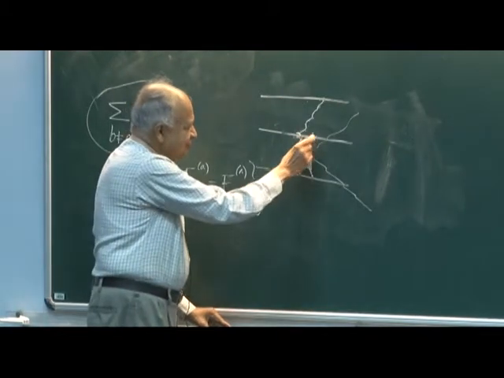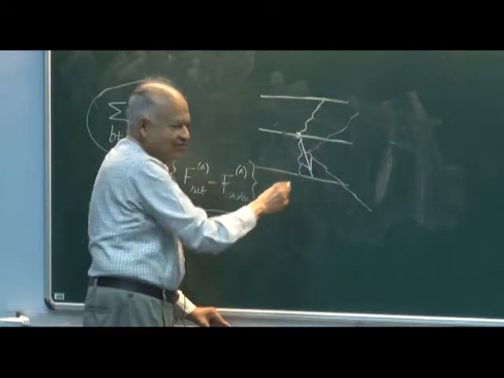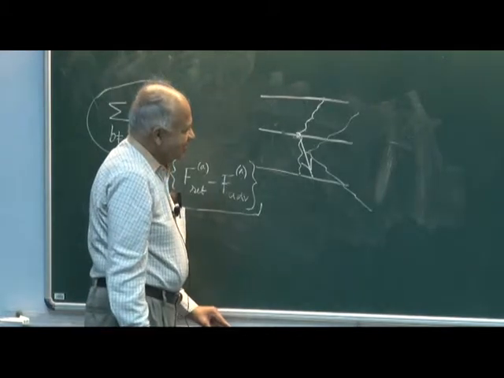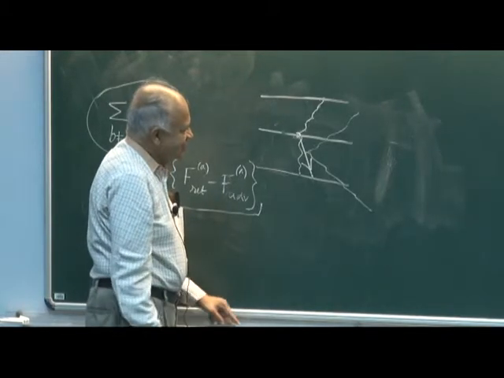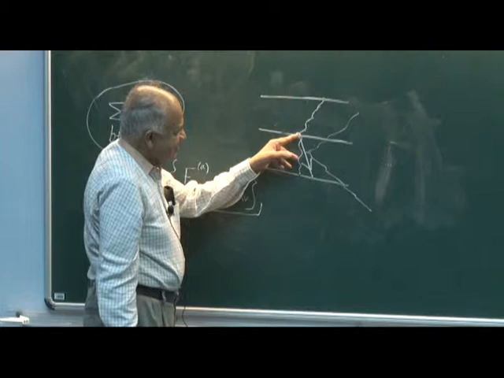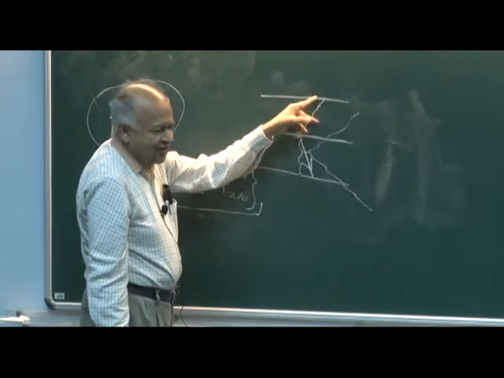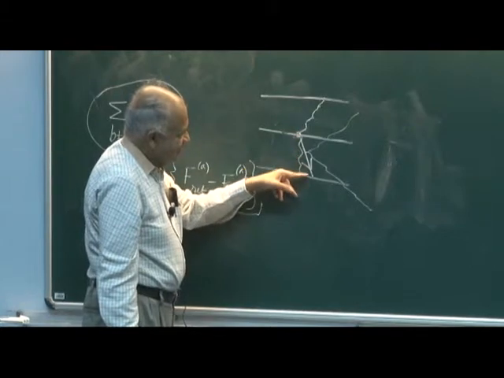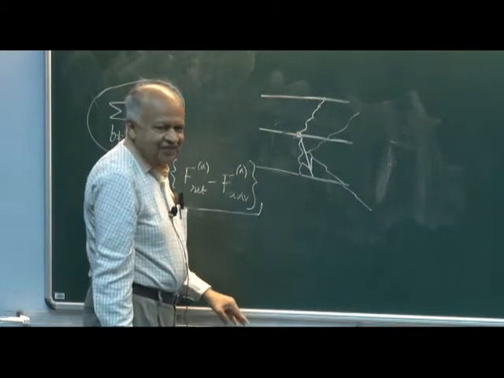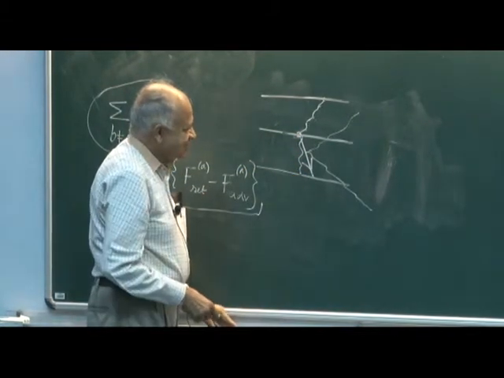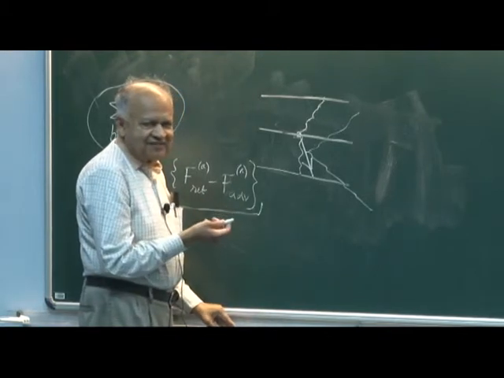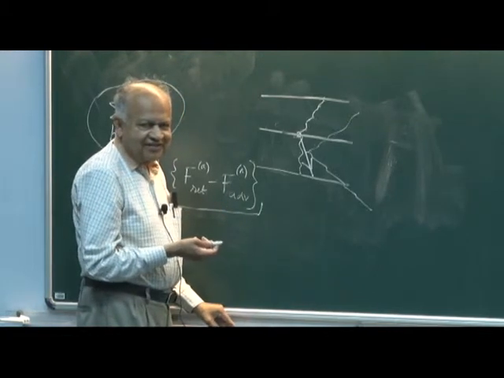But if you do assume that you are able to compute the probabilities, the answer that comes out is the following: the probability of this going up is 0, but the probability of it going down is finite, and it is the same probability that you compute from field theory for spontaneous transition.